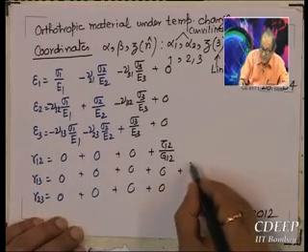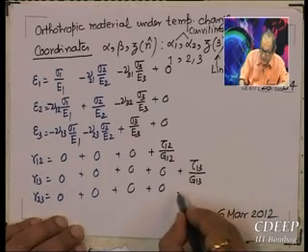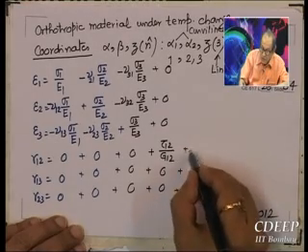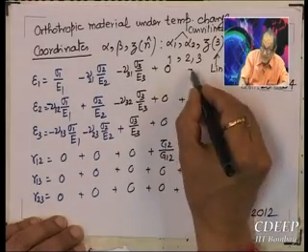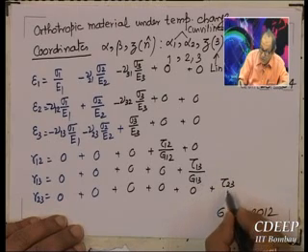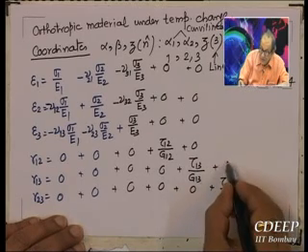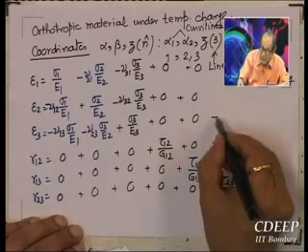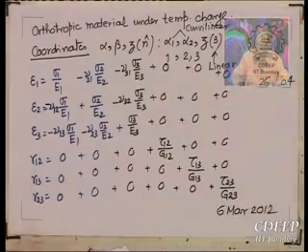Then tau 13 by G13 plus 0, it produces nothing else, and then tau 23 by G23 plus 0 plus 0 plus 0 0 and 0. So this is your mechanical part.